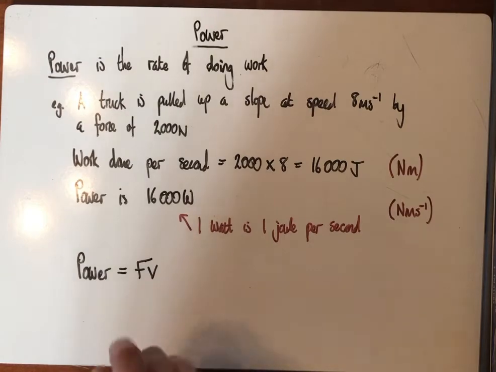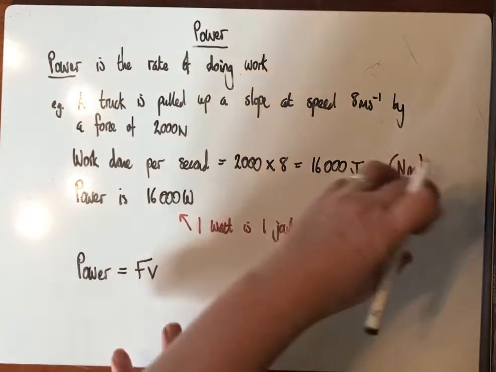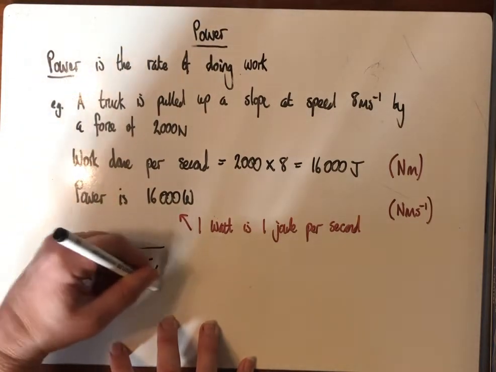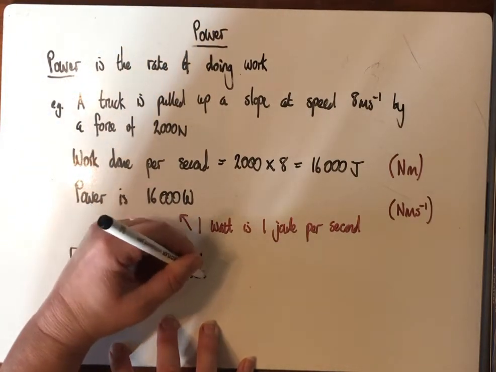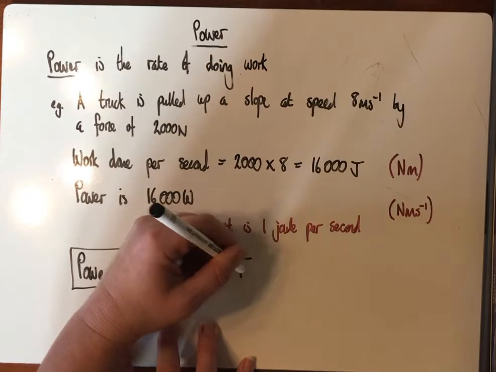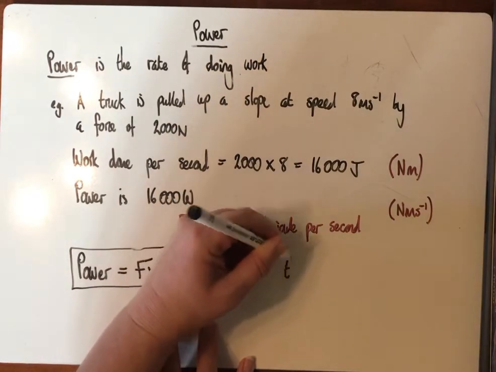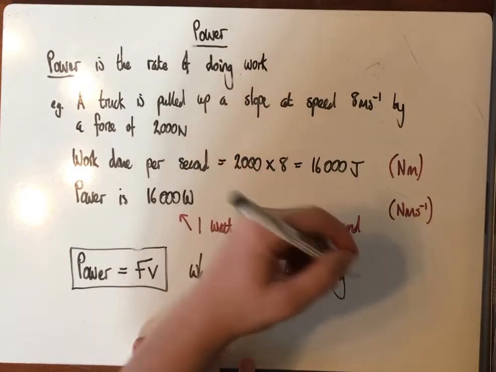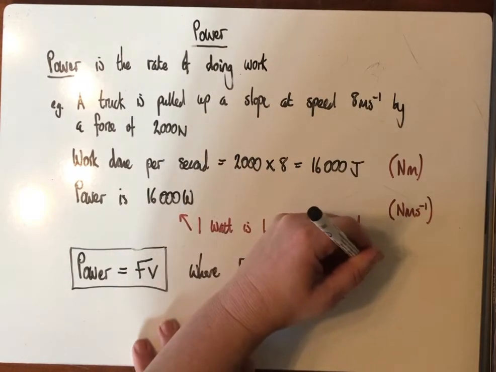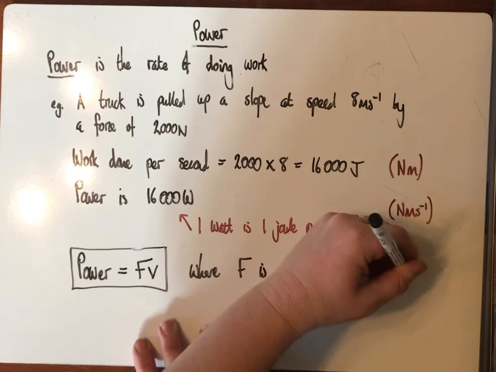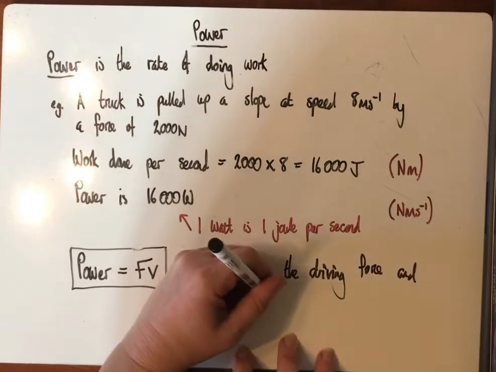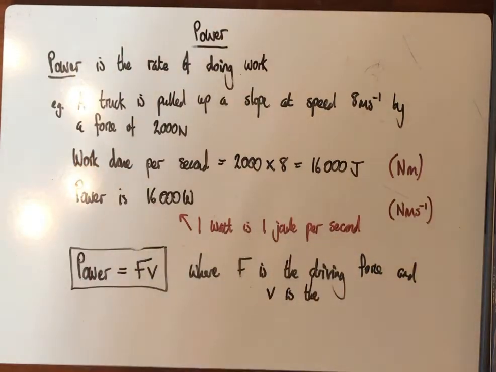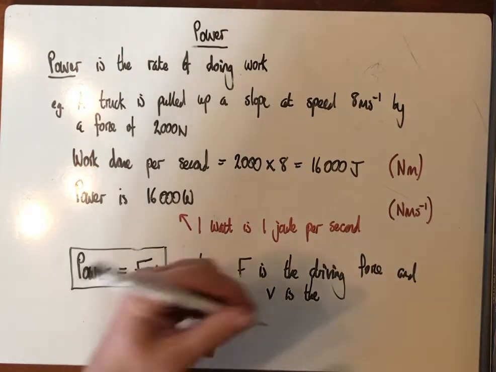So force times velocity. So you can see that coming from the units, where F is the driving force and V is the speed. Sorry, I think I just said velocity, but V is speed, not velocity. So we have power as a scalar thing.